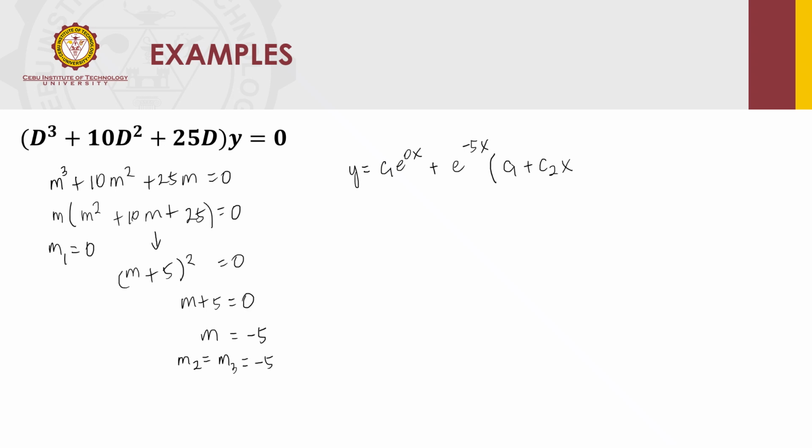Or there's already a c1, sorry. This is a third order DE, so we expect 3 arbitrary constants. So this should be c2 and c3. So this is the general solution to the DE.